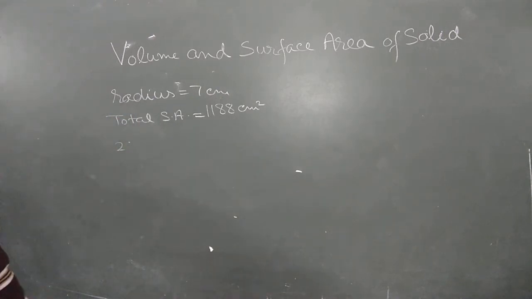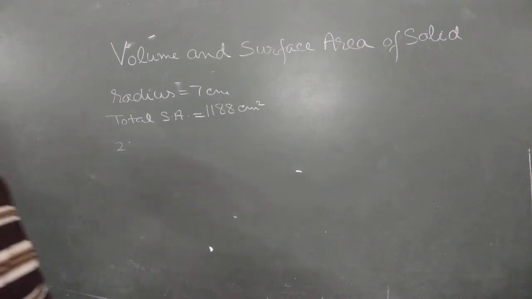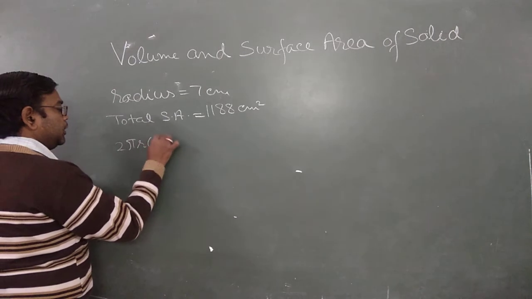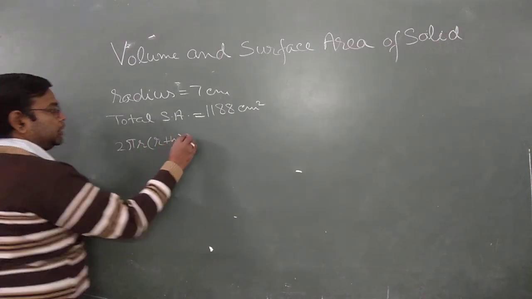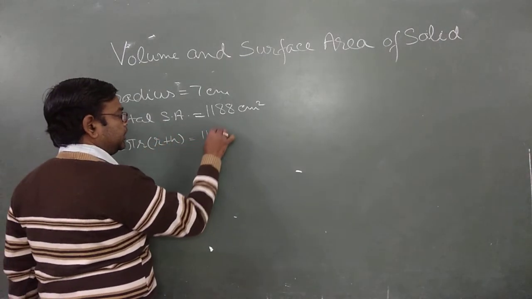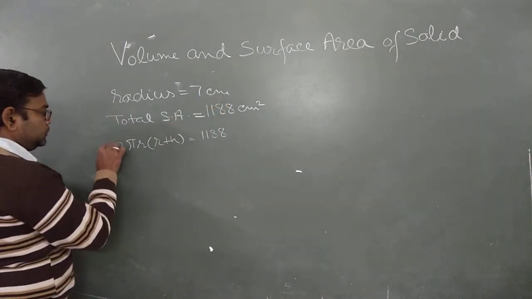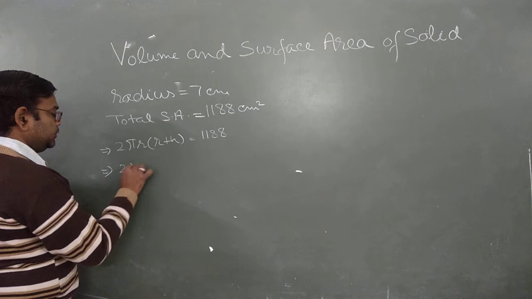And as we know, the formula of total surface area is 2 pi r (r plus h) equals 1188. We know the value of r. Now we can easily simplify.